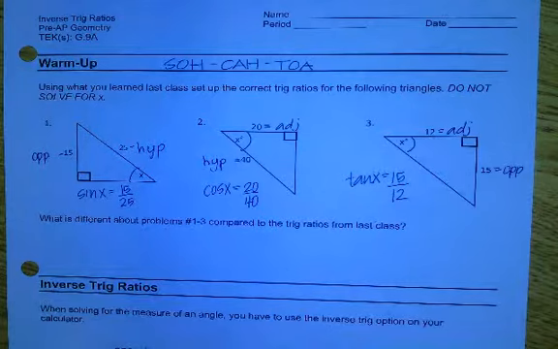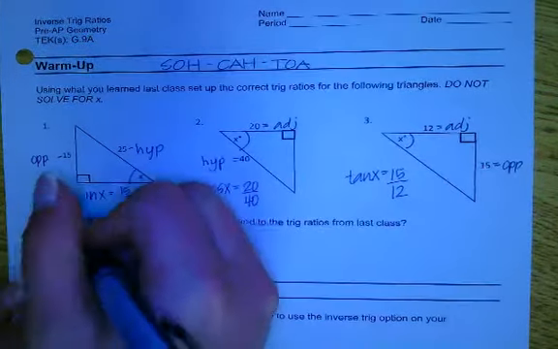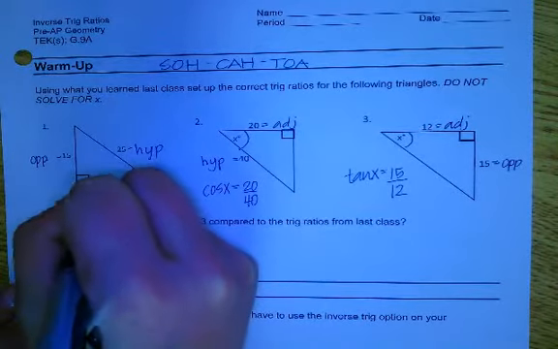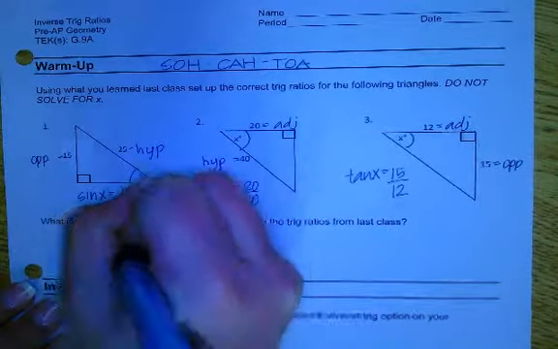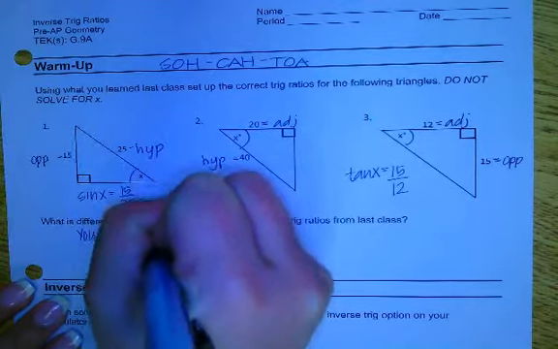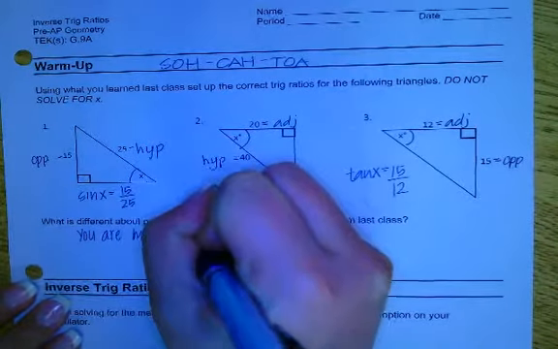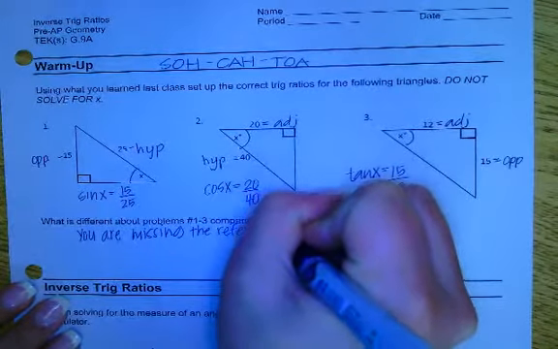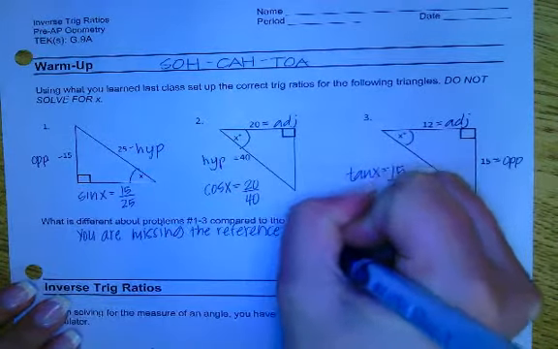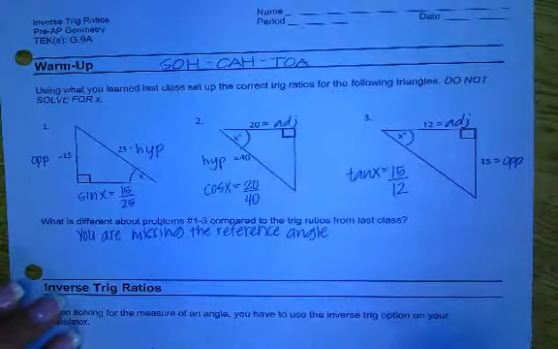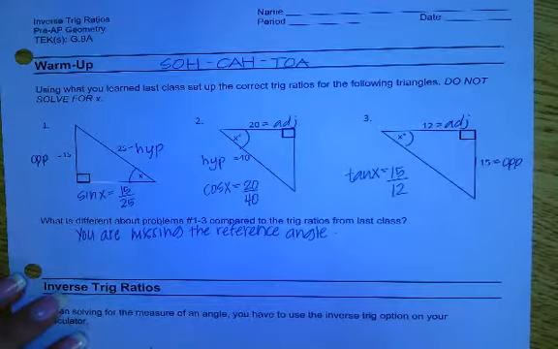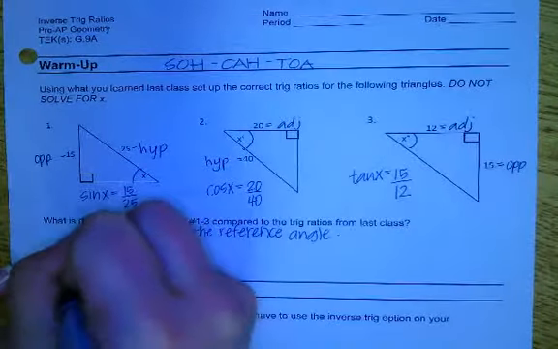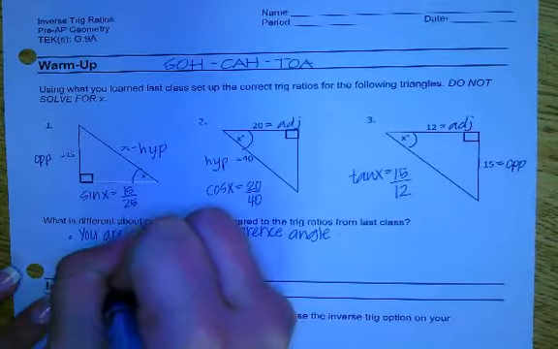Okay, so what is different about these problems compared to what we did last time? What did we call that thing? Reference angle. Okay, so you are missing the reference angle. So you are solving for the angle rather than sides.